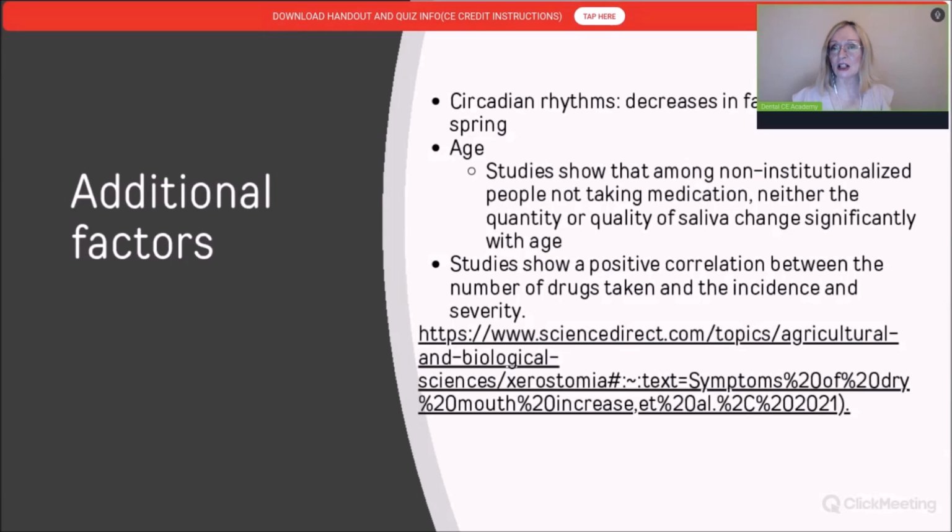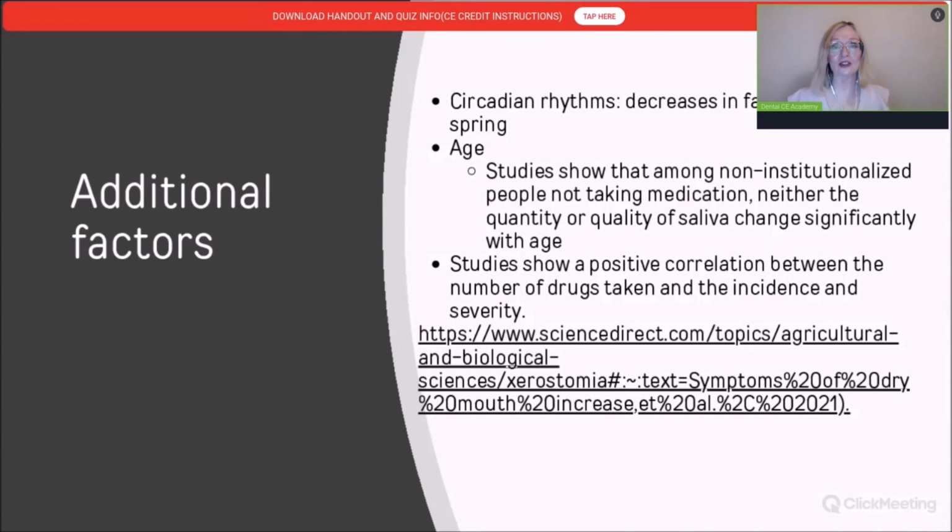Additional factors: circadian rhythm, decreases in the fall, it increases flow in the spring. Age, you might see this on a quiz. Studies show that among non-institutionalized older adults not taking medication, neither the quantity nor the quality of saliva changed significantly with age.